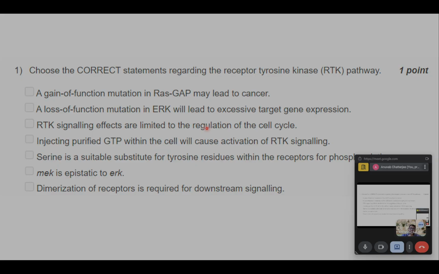session, we are going to go right into the first question, which is: choose the correct statements regarding receptor tyrosine kinase or RTK pathways.